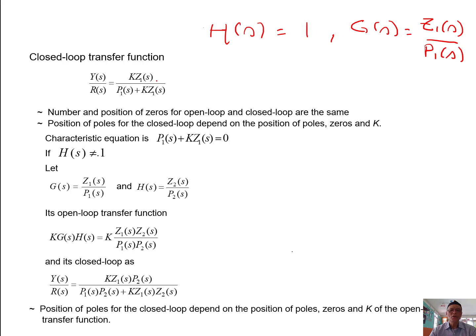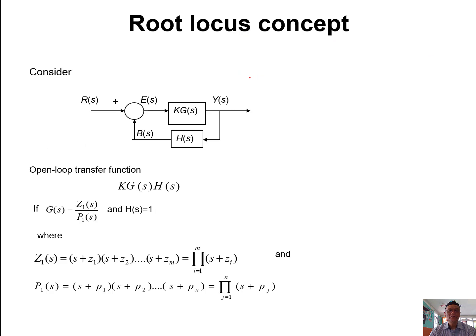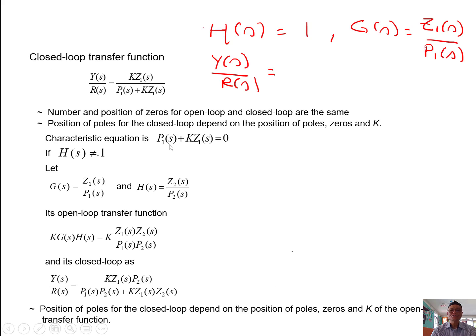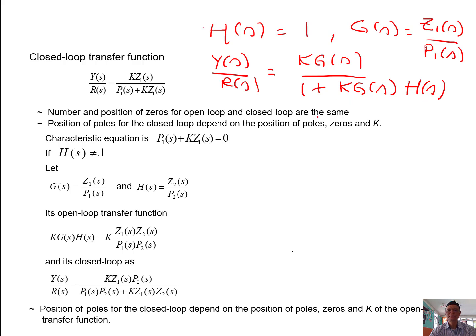So we know that to get a closed loop transfer function for this one, the forward gain is KG(s) and the loop gain is KG(s). So this can be represented as KG(s) over 1 plus KG(s)H(s). And as H(s) equal to 1, we can just say it is 1.